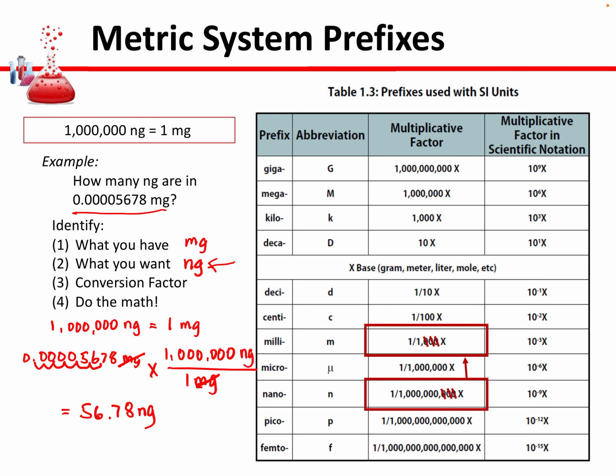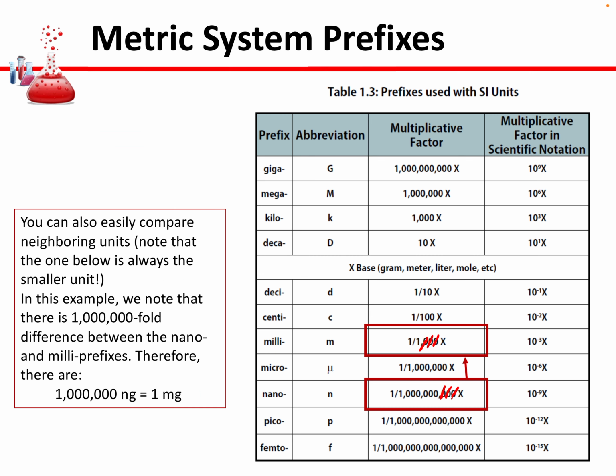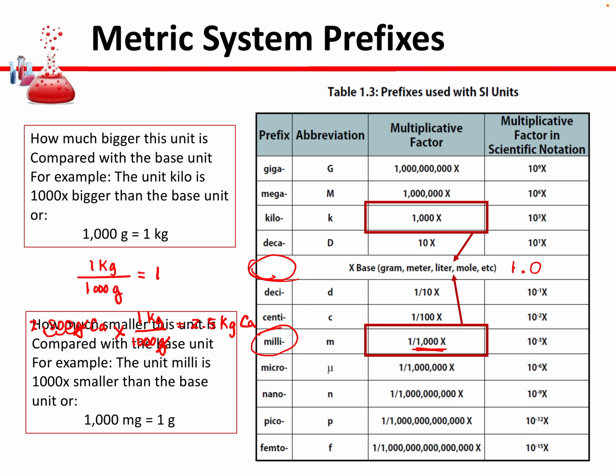Right, so from nanograms back to the base unit, that's a lot of zeros. You have to keep them all, right? The base unit is 1, so we've got 1 billion nanograms in 1 gram.